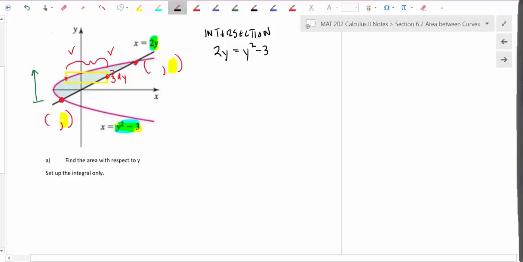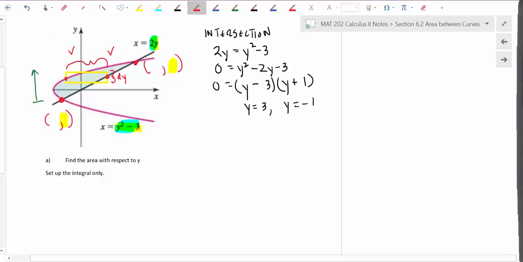That will be a quadratic equation. Just move the 2y to the other side to get y squared minus 2y minus 3 equals 0. You can solve this by factoring, y minus 3 and y plus 1. So that's going to give solutions y equals 3 and y equals negative 1.